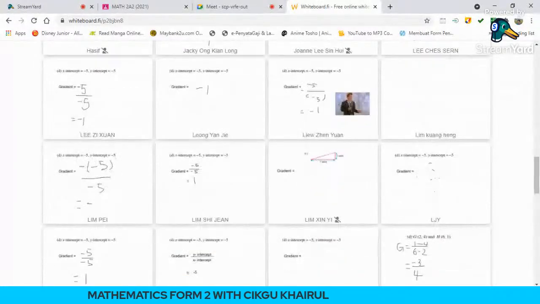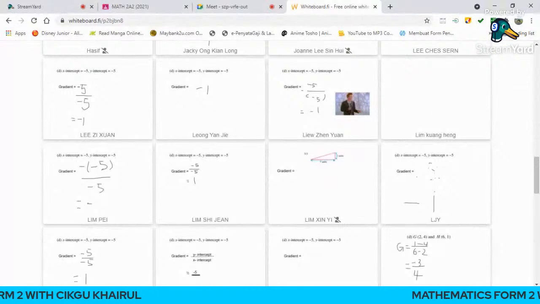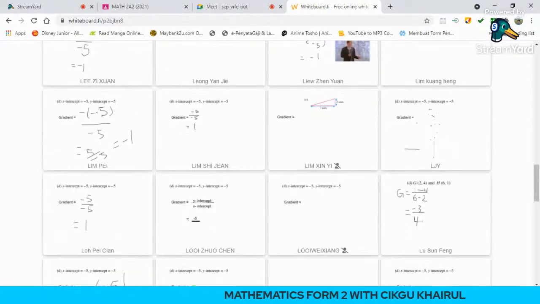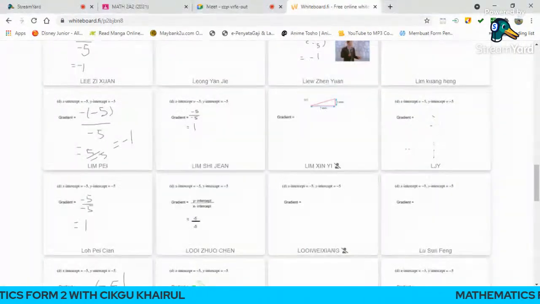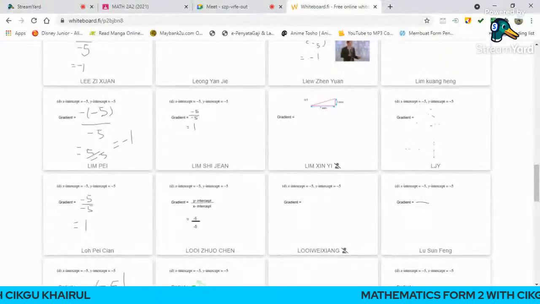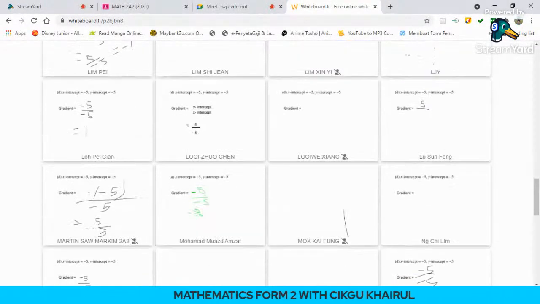Very good. Leong Yang Jie, no solution, just negative 1, but your answer is correct. Liu Zhenyuan also negative 1. Lim Shijia also negative 1.